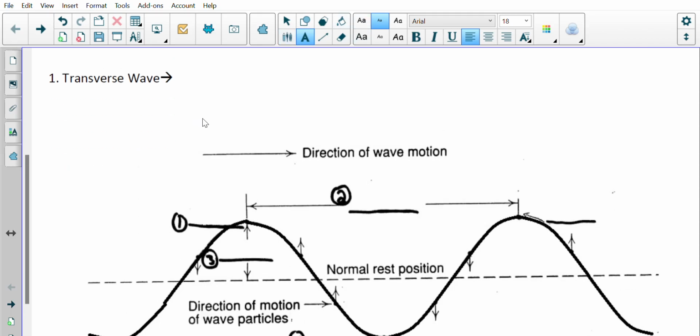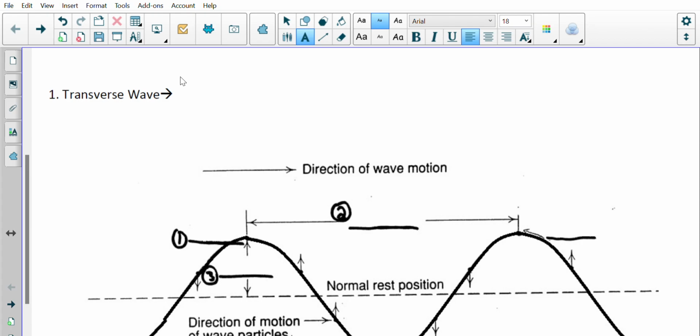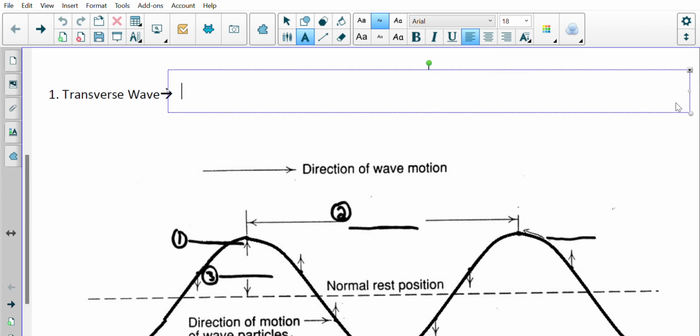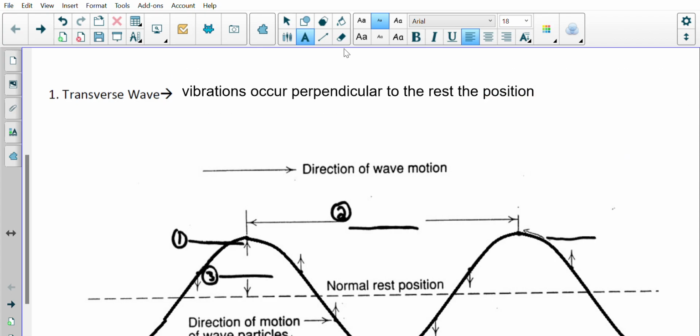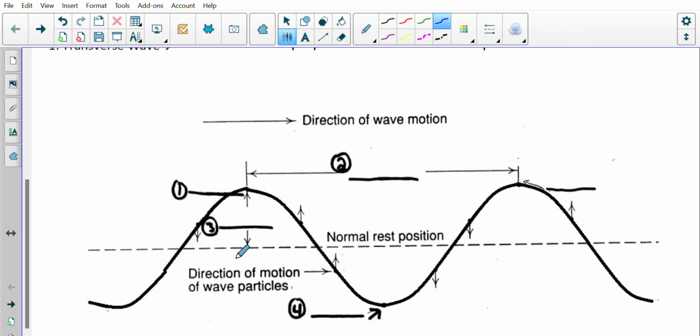But the two types of waves, the first one is a transverse wave. And that is when these vibrations occur perpendicular to the rest position. One example is a water wave, where you see the waves go up and down.